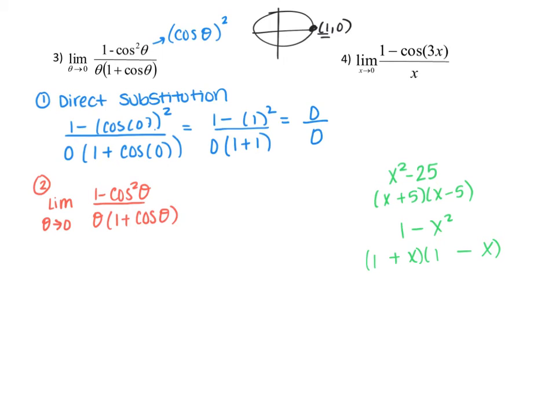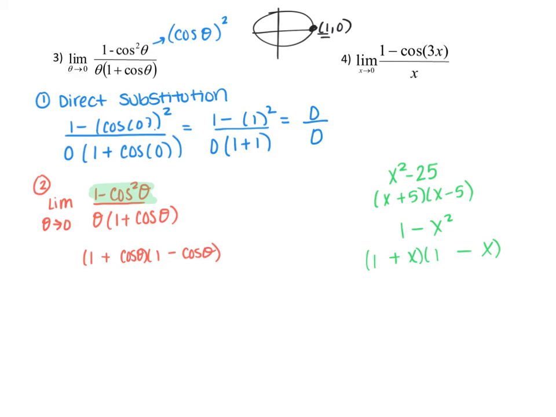So we actually can do the same thing here with the numerator. This numerator here, 1 minus cosine squared, is in fact the difference of two squares. So if we want to break that up, we can break it up into 1 and 1 to give us the 1. And then we can break up cosine squared into just cos times cos. And then a plus and a minus, just like we did with these difference of squares problems.